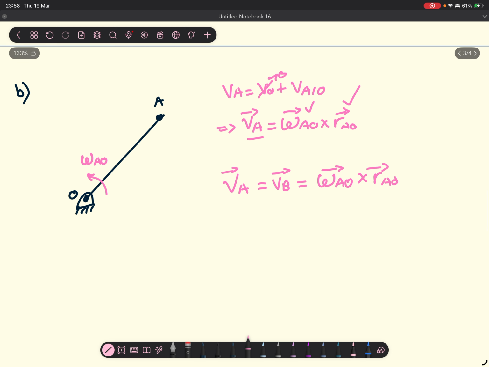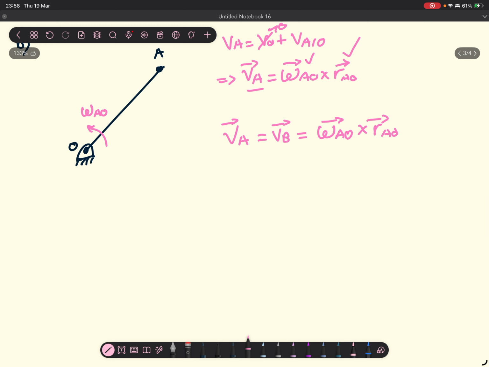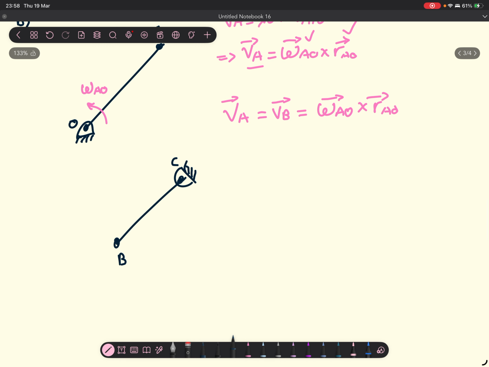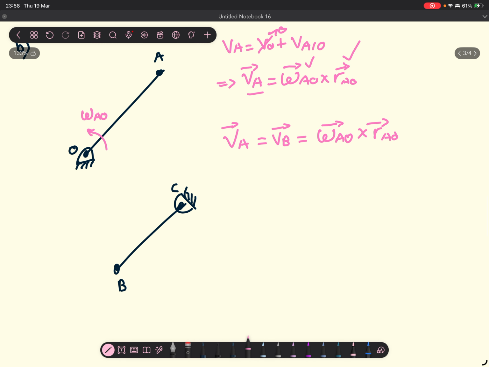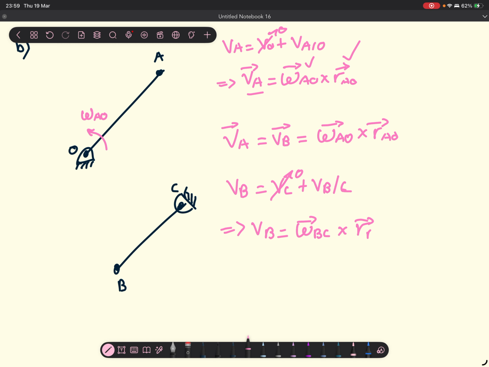Then let's analyze link BC. If we look at link BC, we can say VB is equal to VC plus VB relative to C. VC is 0, so VB is equal to omega BC crossed with RBC.